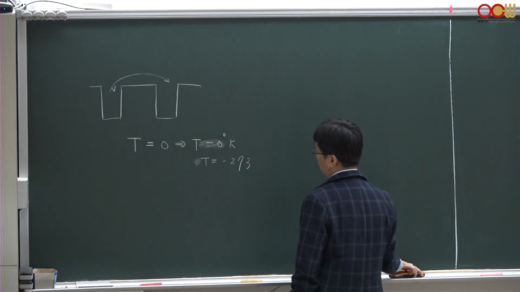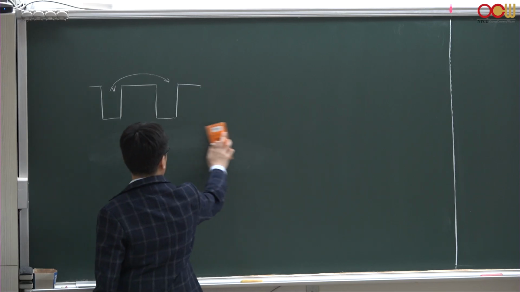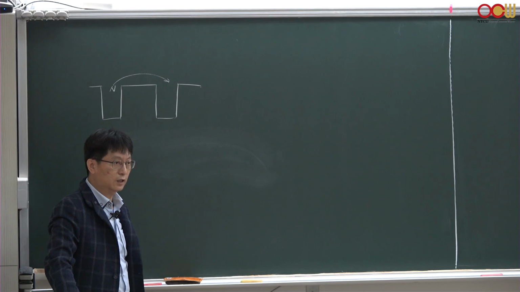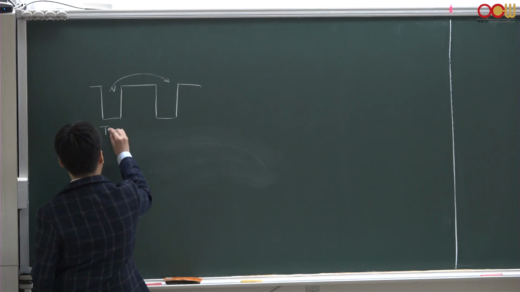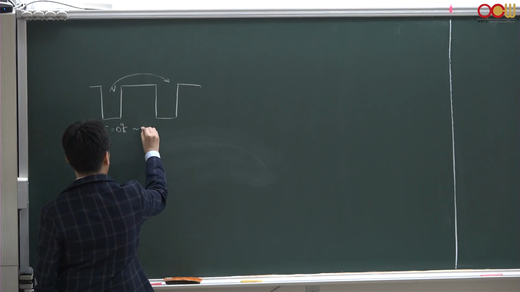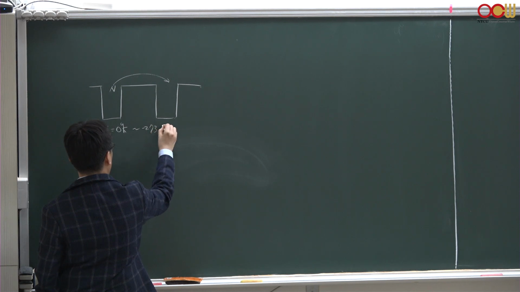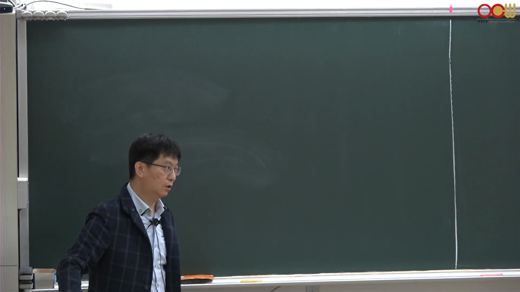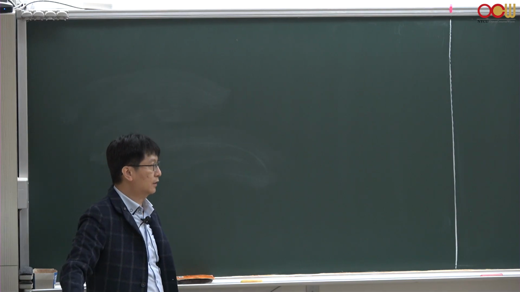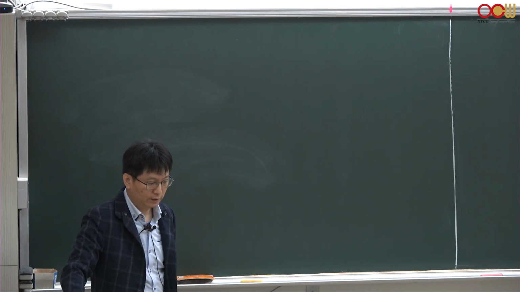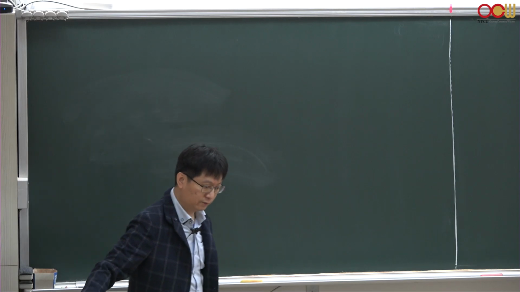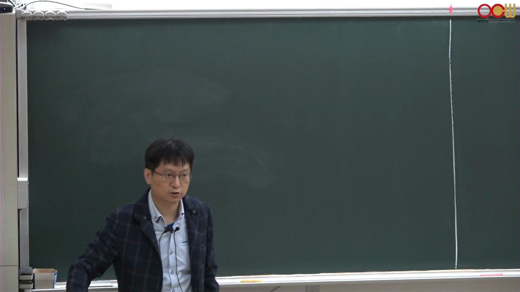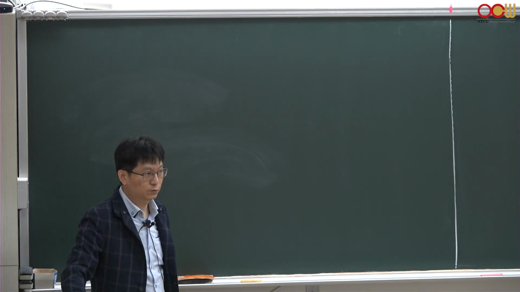You can convert this temperature between Celsius and Kelvin, and in the quantum regime the temperature is almost 0 Kelvin, which is minus 273 Celsius. But if you keep increasing your temperature to almost room temperature, like 300 Kelvin, the quantum mechanical effect is washed out, because you don't see this oscillation anymore at room temperature.